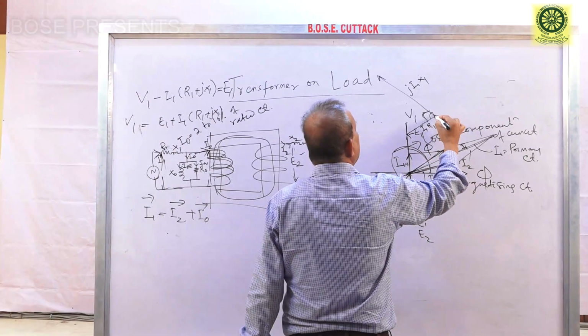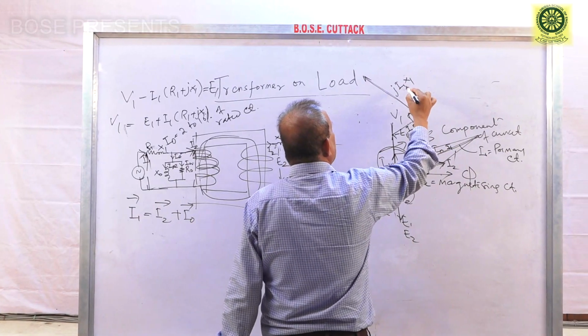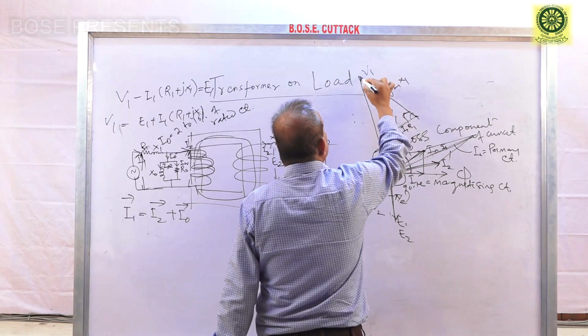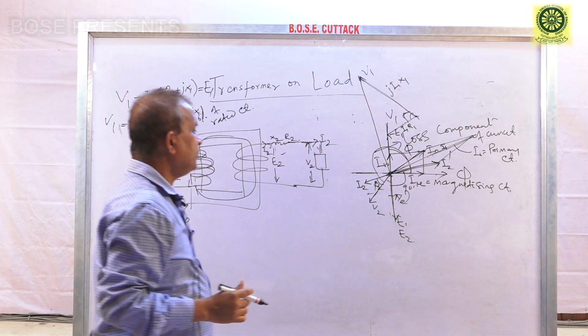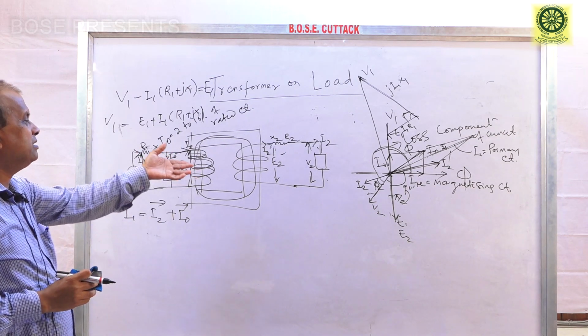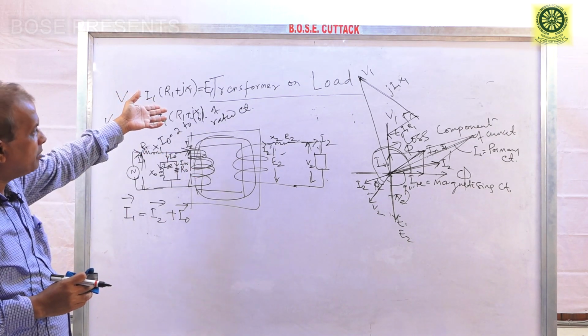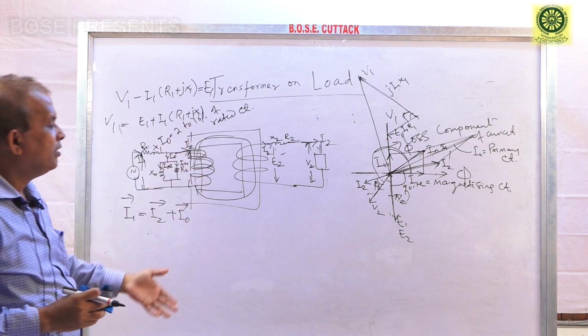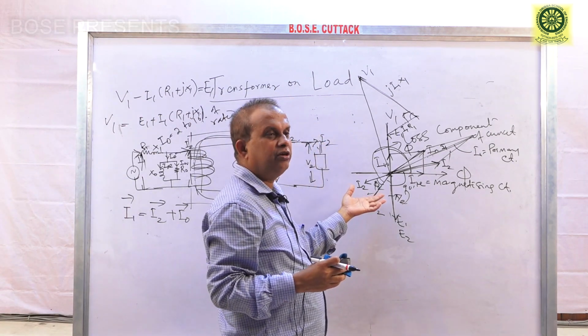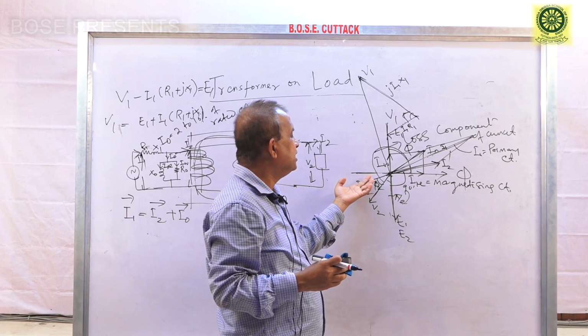So thereby I got this jI1 X1, and now this is my V1. So this is the condition for the phasor diagram under the load which is inductive in nature, that means the voltage leads the current.